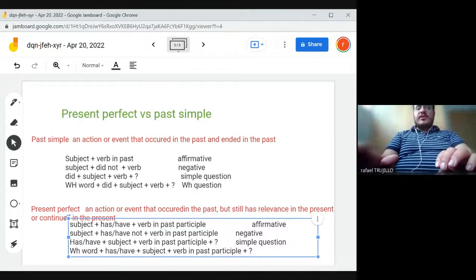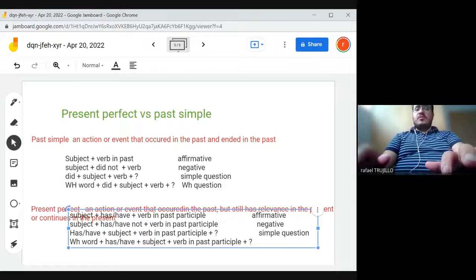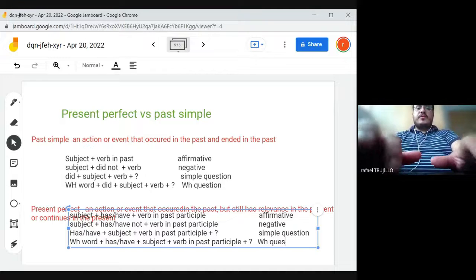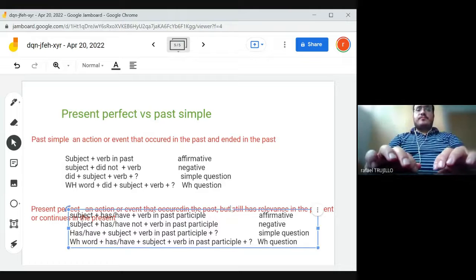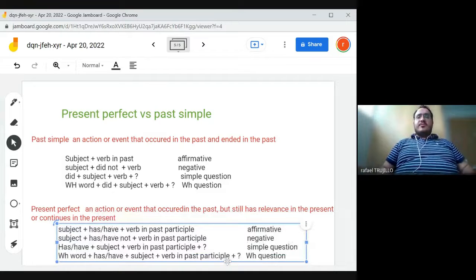Of course, they are not only called like that, but I like to call them that just to not miss the point. WH question. And that is the structure for the present perfect.